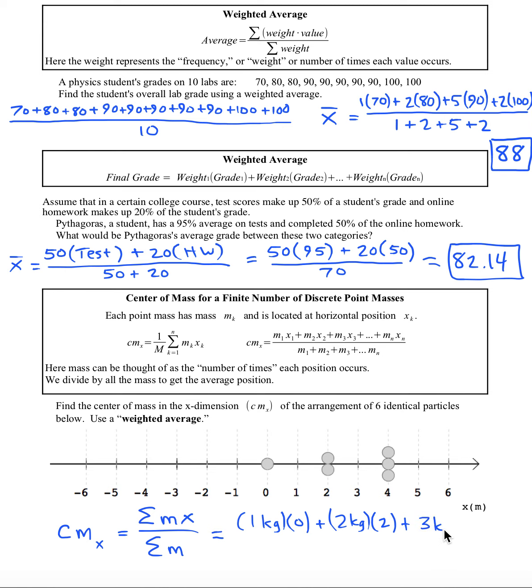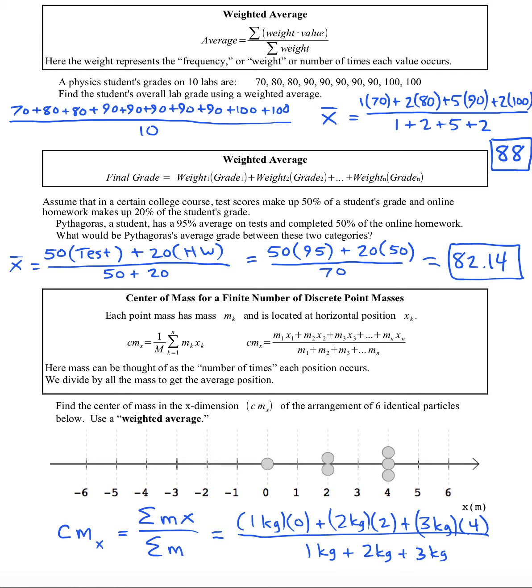And we have 3 kilograms located at a position of 4. Now we just have to divide by the sum of the weights. 1 kilogram plus 2 kilograms plus 3 kilograms.